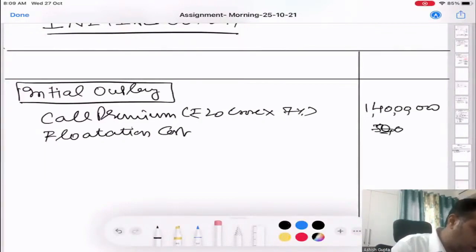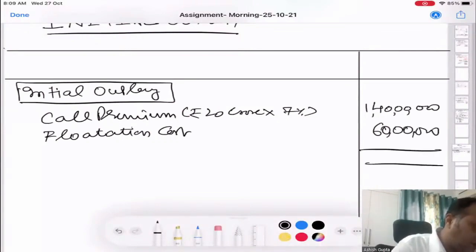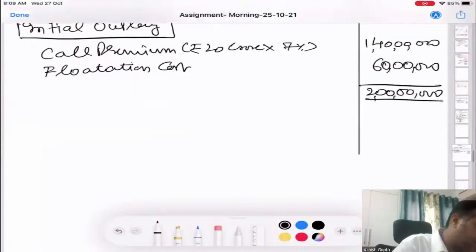And 60 lakh is my flotation cost. So ultimately it is 200 lakh.